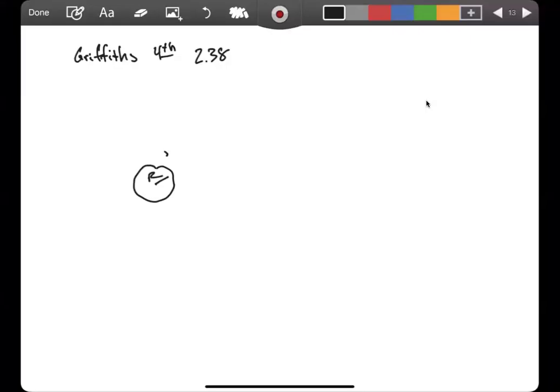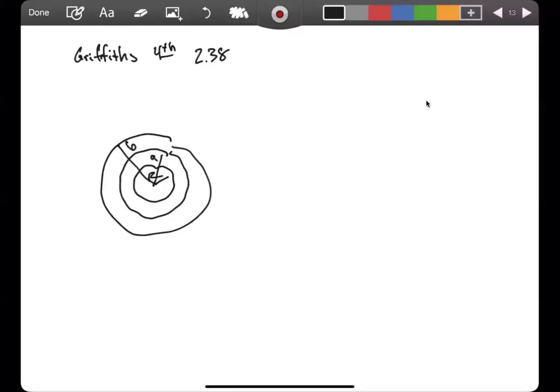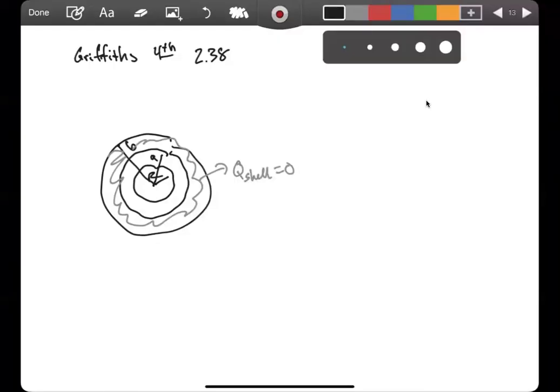And then around this guy, there's going to be a shell. So here is my shell, which has an internal radius of A and an external radius of B. But we're told that the shell itself, so Q shell, is equal to 0. And then we also know that the inside one here carries a total charge of Q. Okay.